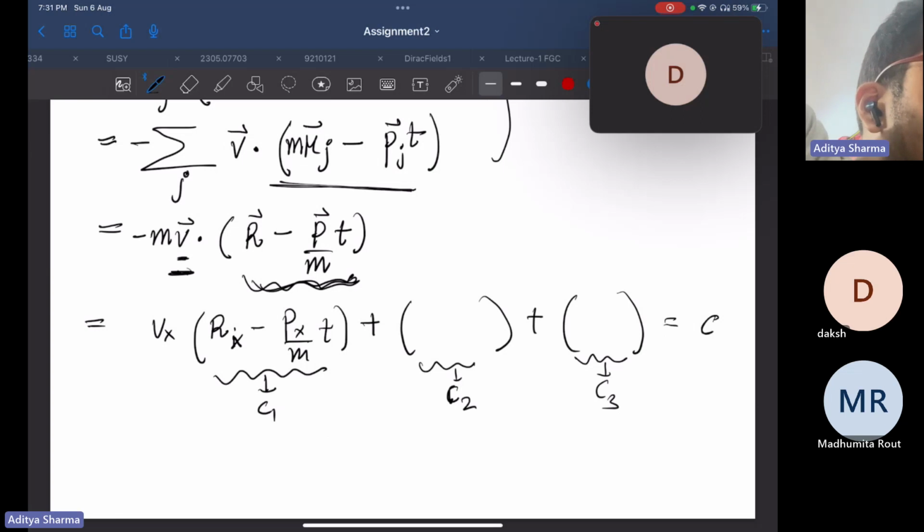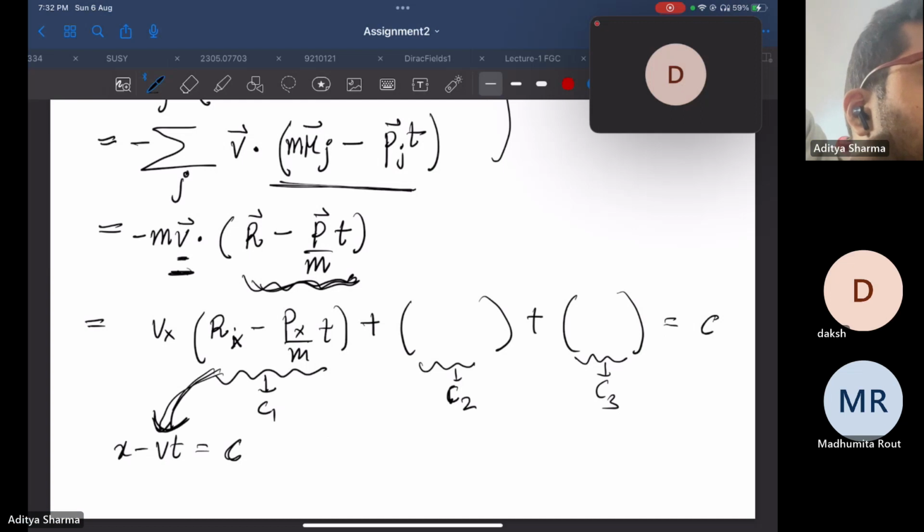Have you found any trajectory which looks like x minus vt equal to constant? This term. R is the general position I am saying.